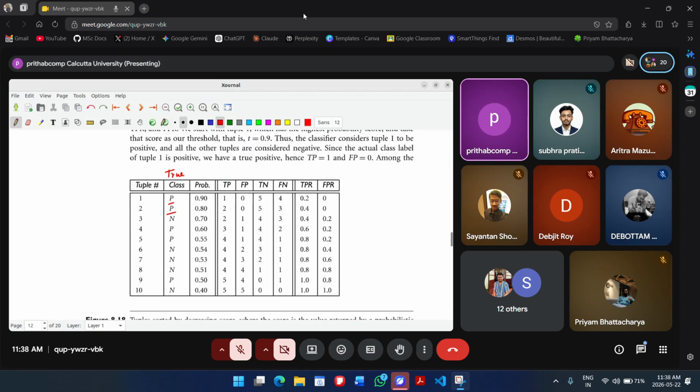Now you will see one column over here which is probability. Let's say I am using a probability based classifier.